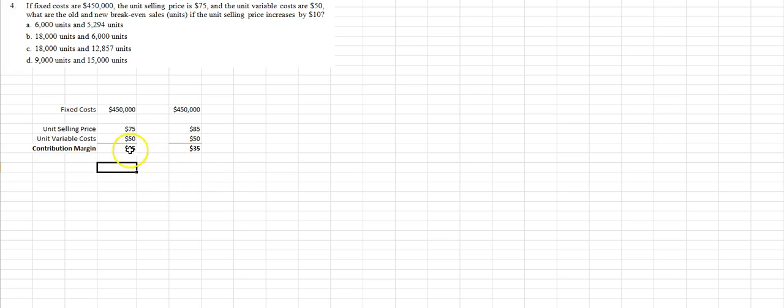So if each unit contributes $25, how many units do you have to sell to break even? Well, 450,000 divided by 25 equals 18,000. So for this one, the answer is 18,000 units. So far, B and C may be the answer.